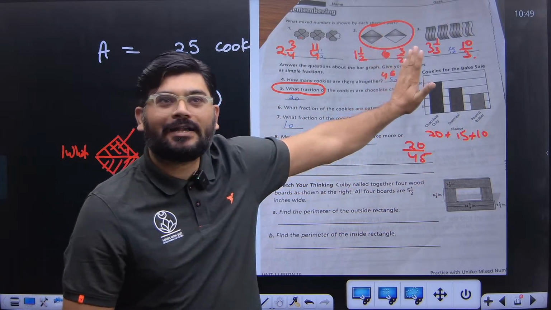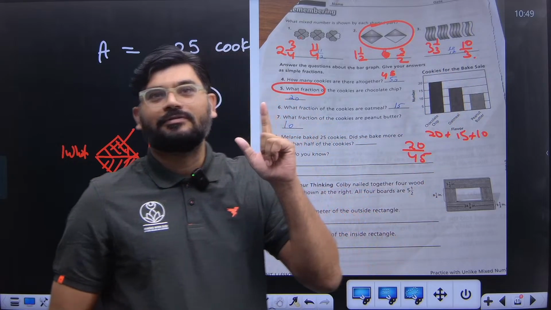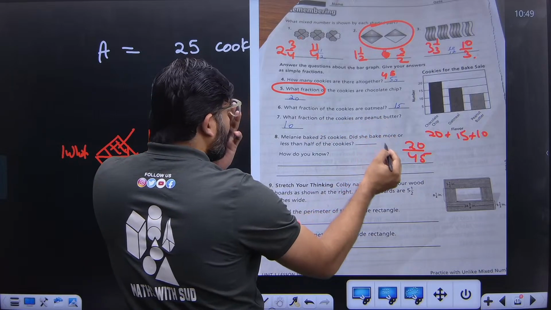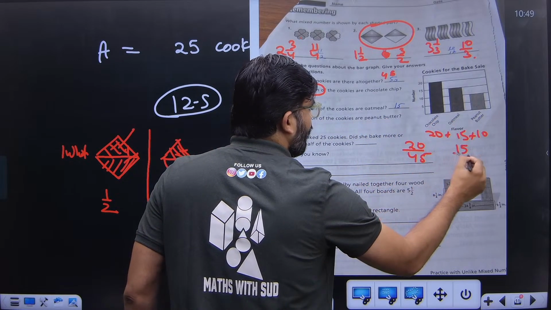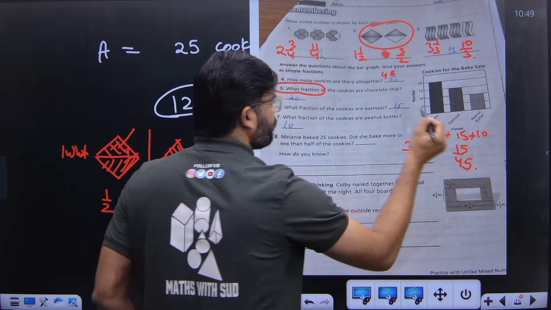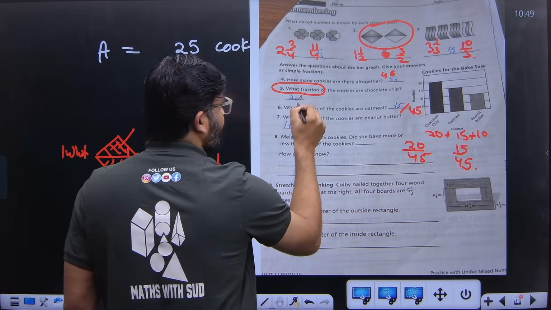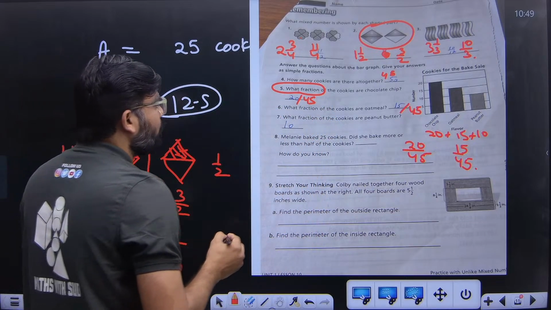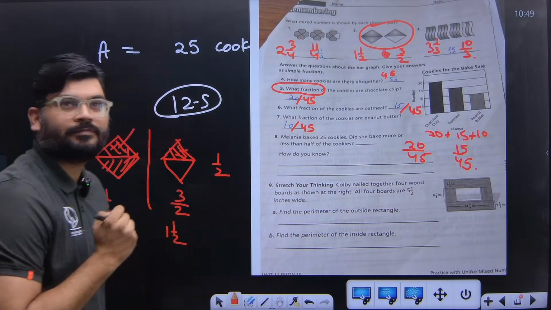What is the part? 20 over 45. Understood? Yes. Okay. What fraction of the cookies are oatmeal? So oatmeal is 15 over 45. So this 15 is good, but you have to write 45 as well, divided by 45. What fraction of the cookies are peanut butter? So 10 over 45.